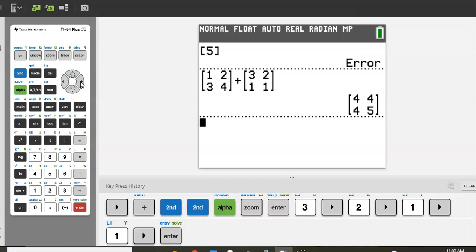Okay. Subtraction would work the exact same way. I'll take the same exact thing and do it with my pen, and then I'll do it up on the screen. So I've got a 1, 2, 3, 4 matrix, and I'm going to subtract 3, 2, 1, 1 from that.